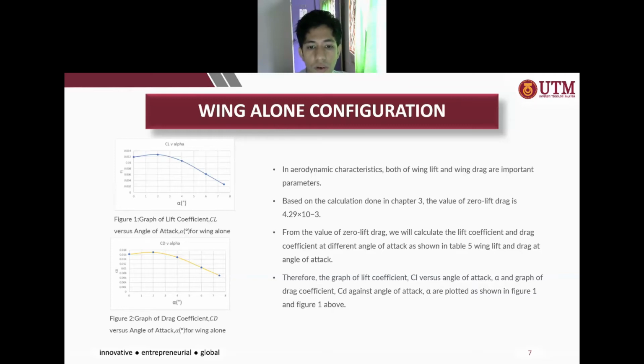From the value of zero lift drag, we have calculated the lift coefficient and drag coefficient at different angles of attack as shown in a table in our project report. Therefore, the graph of the lift coefficient versus angle of attack and the graph of drag coefficient versus angle of attack are shown in figure 1 and figure 2.